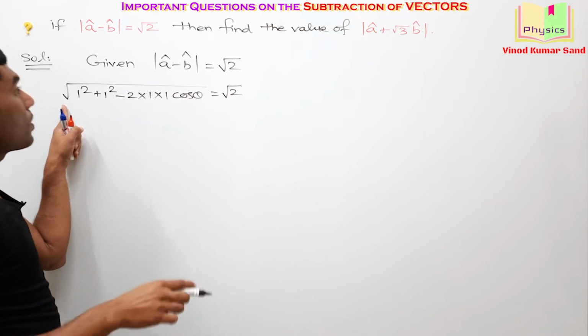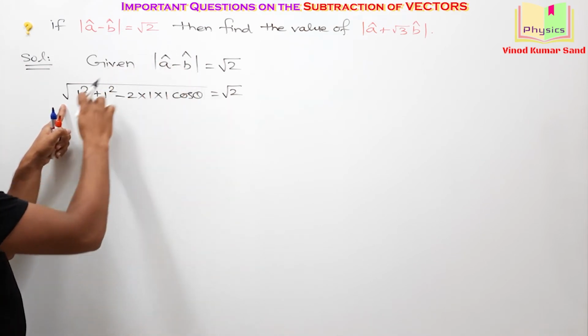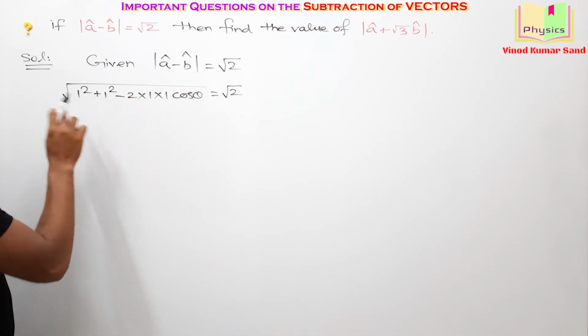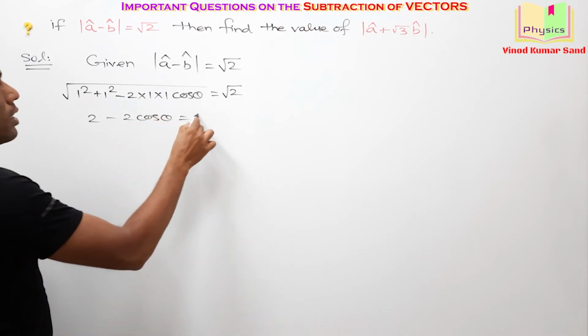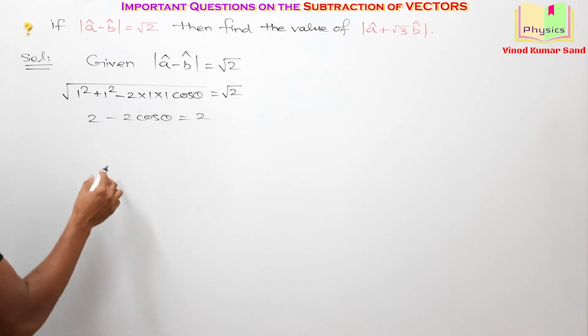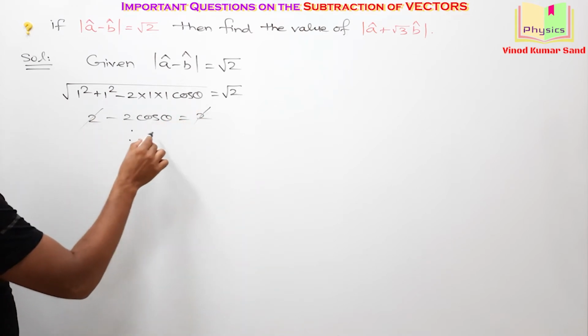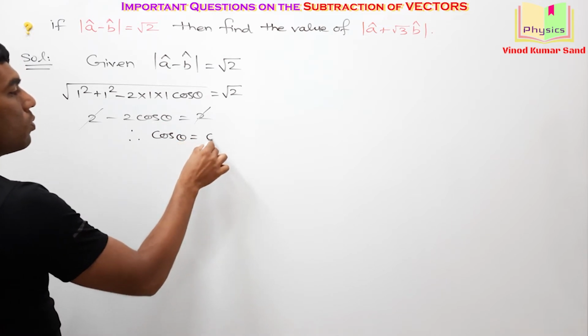Getting it? Squaring both sides, since these were unit vectors, I have taken here 1, 1. When you square both sides, here is 2 minus 2 cos theta is equal to 2. So this 2 and 2 are getting nullified. It means that cos theta is equal to 0.